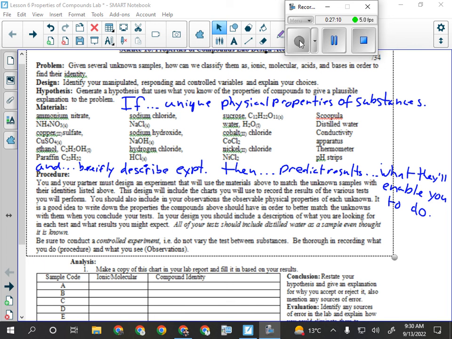So when you're making your procedure, these are the materials that you're going to have. This thing here is called a depression plate, because it has depressions in it, not because it's sad. When I'm saying acquire the materials, should I say how much?